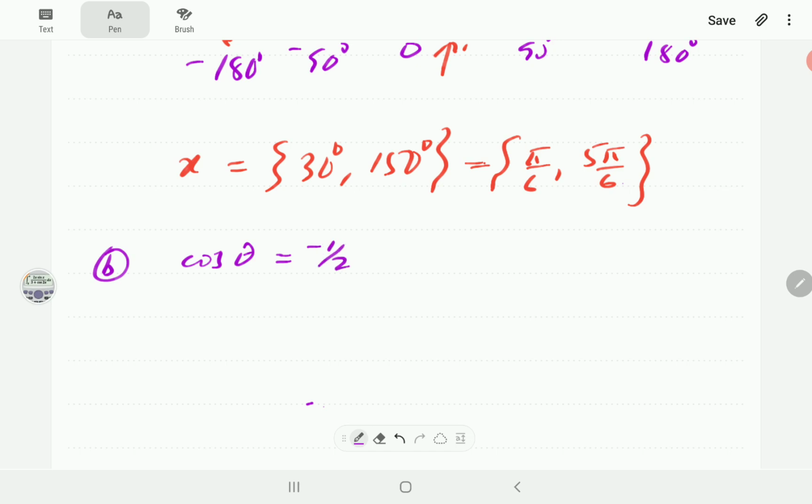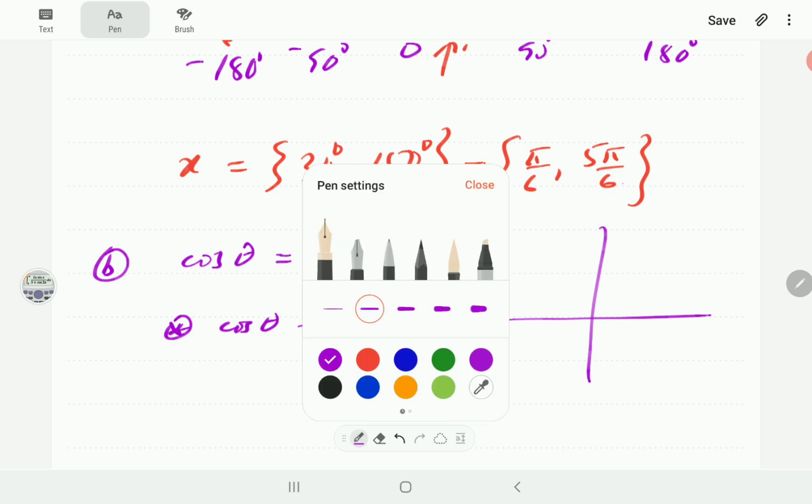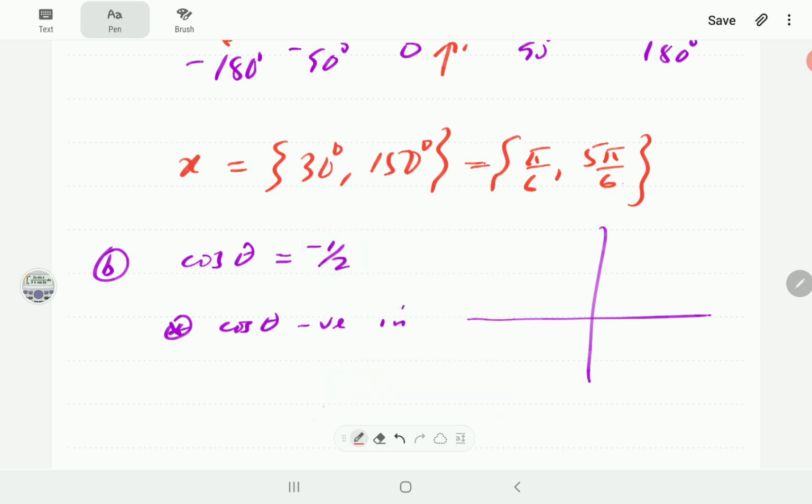So the first question is about the quadrant. In which quadrant is cosine negative? So cosine theta is negative in quadrant... It's not the first quadrant, definitely. But cosine theta is negative in the second quadrant. So we expect an angle here.